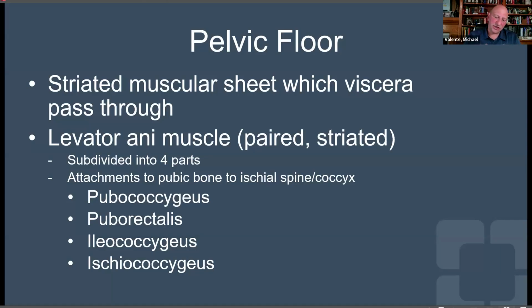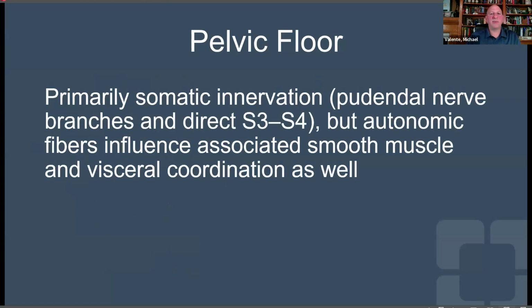Pelvic floor is a muscular sheet that the viscera pass through, and we'll show some images. Essentially, these muscles are supporting the structures of the pelvis: the pubococcygeus, puborectalis, iliococcygeus, ischiococcygeus. Primarily somatic innervation, pudendal nerve again, S3, S4, also autonomic fibers.